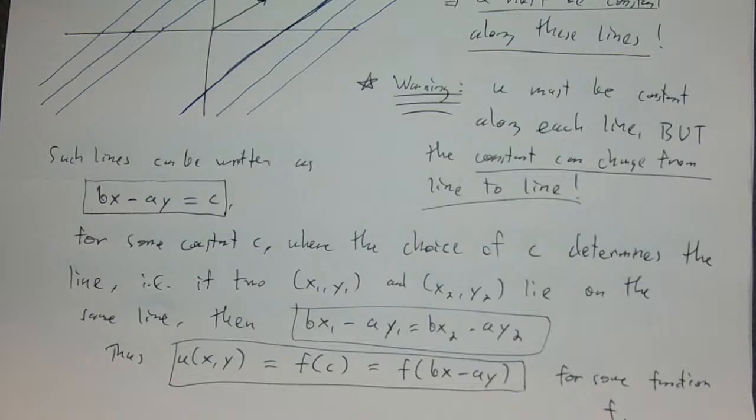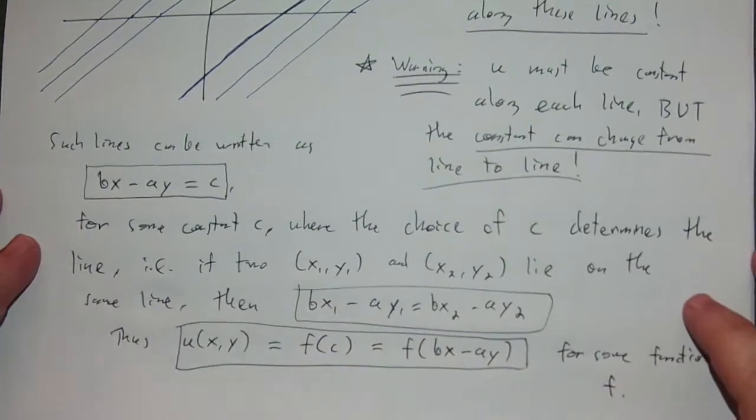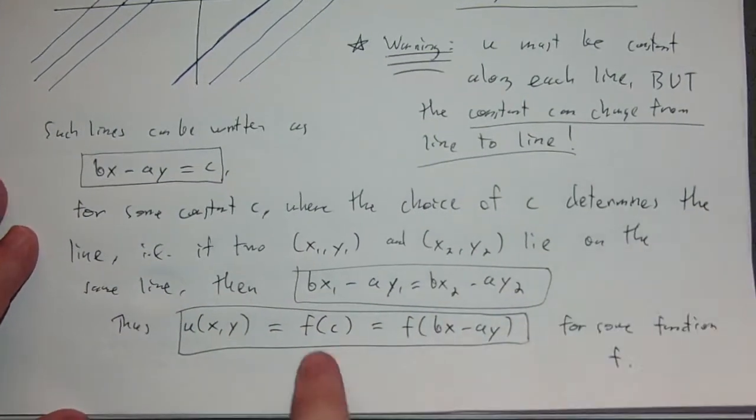Since the PDE dictates the directional derivative of u has to be 0 along lines that are parallel to it, this general solution has to be of this form. It has to be a general function of lines that look like that. And so that is the general solution.